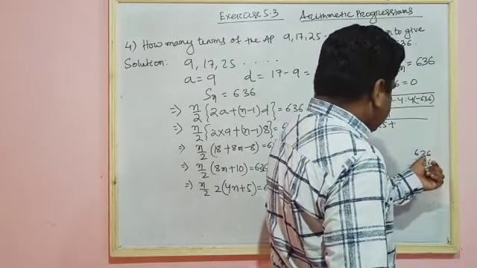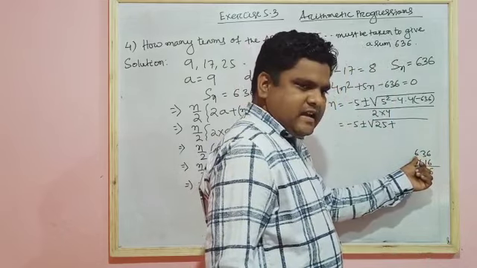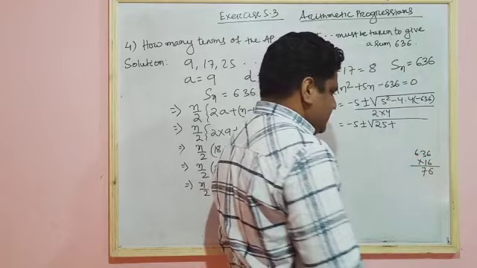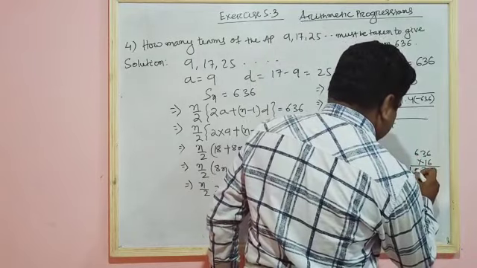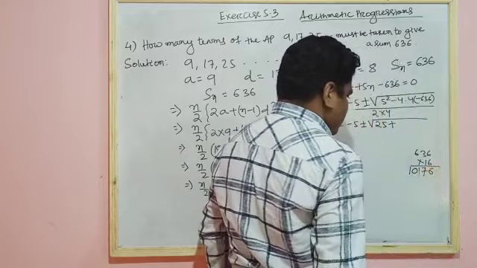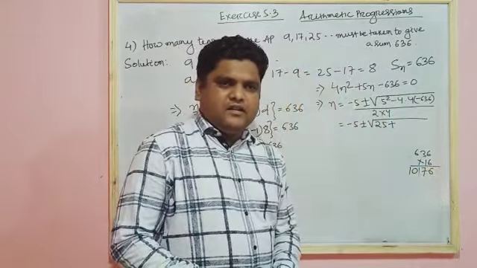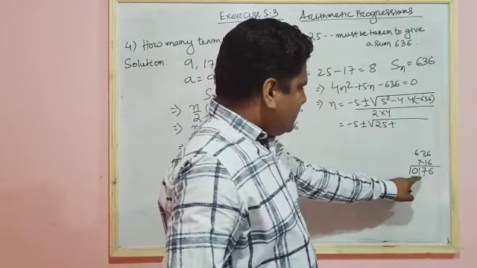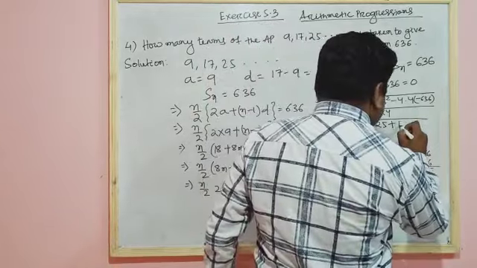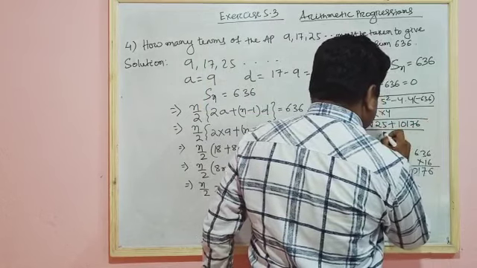And 16 into 6 is 96 plus 5 is 101. So 10176 it will be, by 2 into 4 is 8.